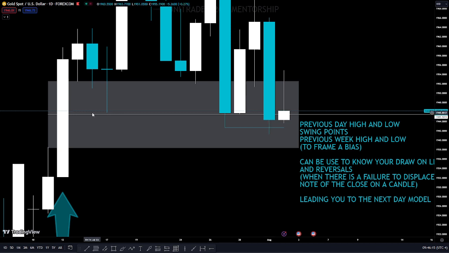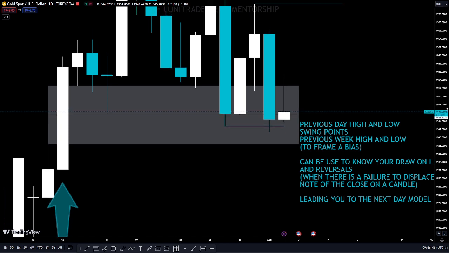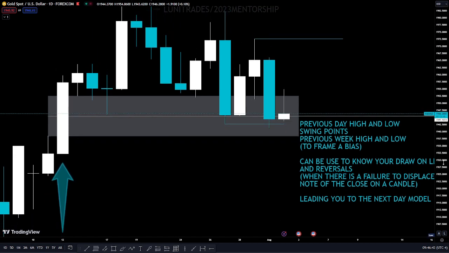Price closed below that 0.5. So this candle here may bring a bearish candle. So for swing point, it's showing us that it's bullish, but for the 0.5 level, it's showing us that it is going to be a bearish candle. And if you check your previous day, it's showing us that it is going to be a bearish candle. So those are the ways you want to use to frame your trades.